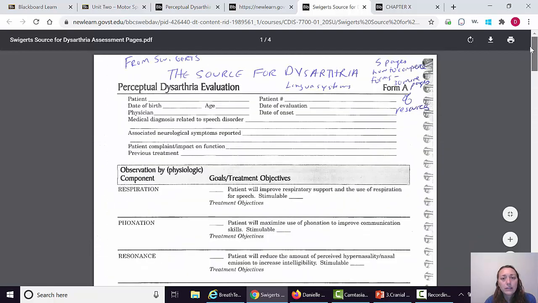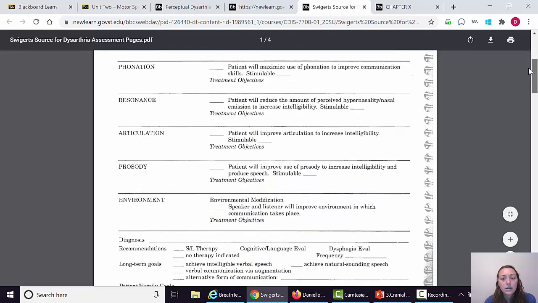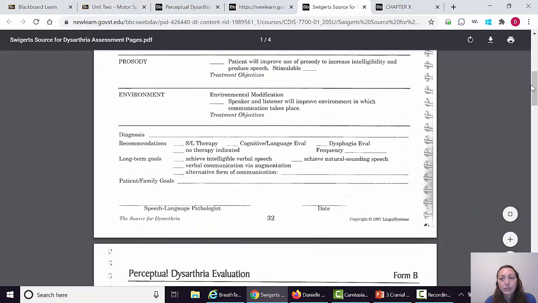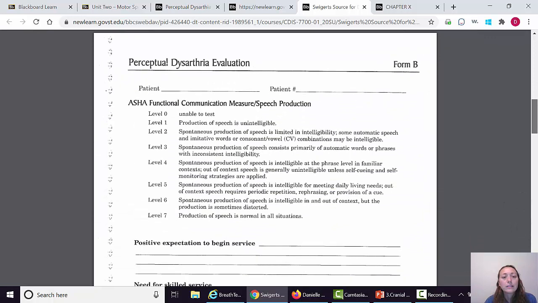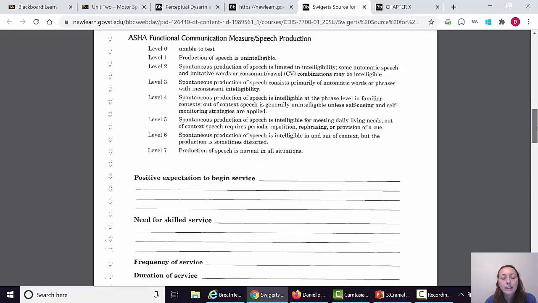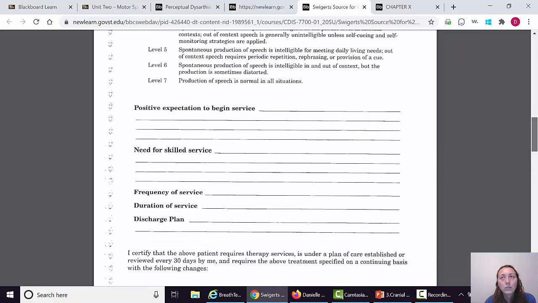What I like about the Swigert resources, and there's a 30-page resource I'm going to give you in just a second, is that it's a perceptual evaluation. It's functional for therapy and lets us look at stimulability and shape our evaluation for therapy goals.